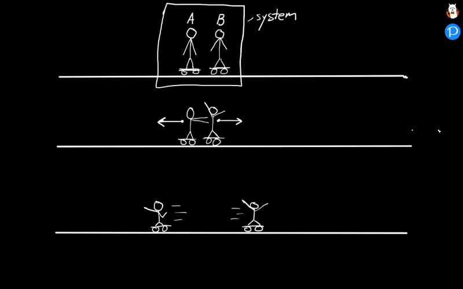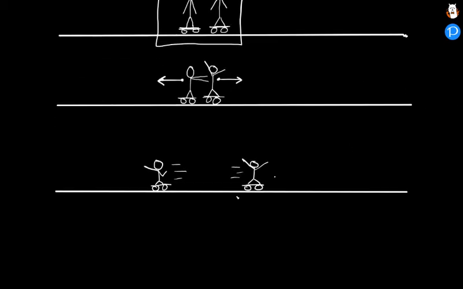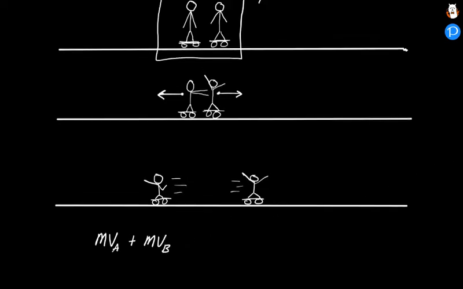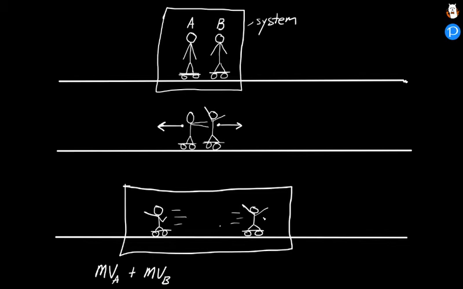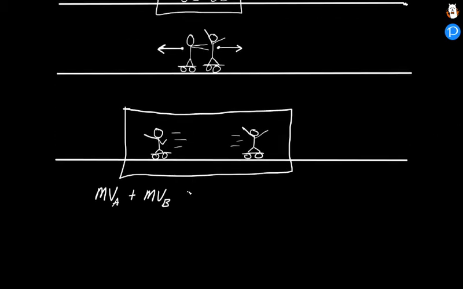So in other words, we can say that the mass and velocity of A at the beginning plus the mass and velocity of B at the beginning, which is the momentum of the system, is equal to the mass and velocity of A at the end plus the mass and velocity of B at the end.